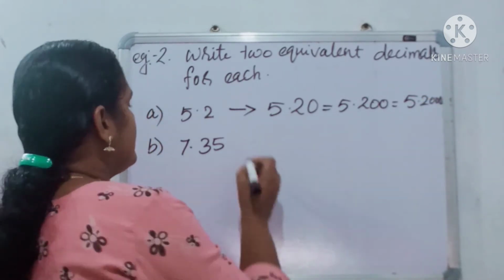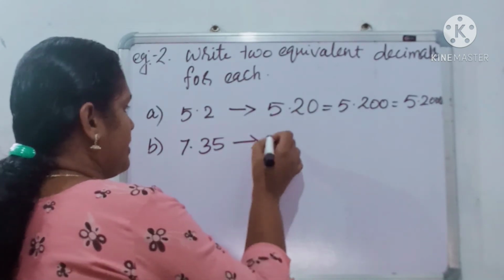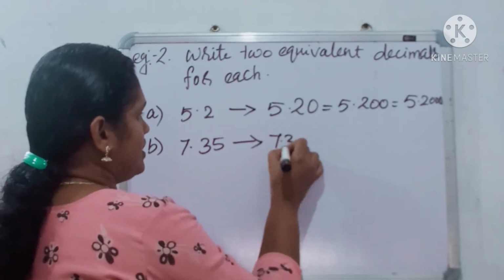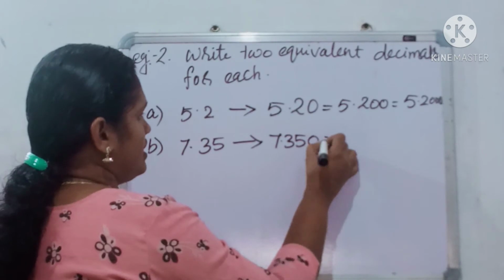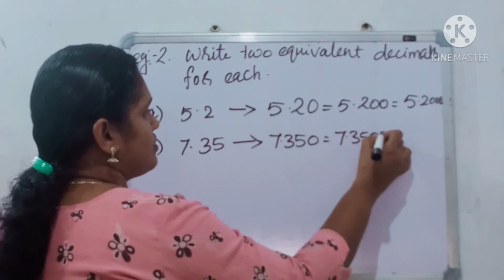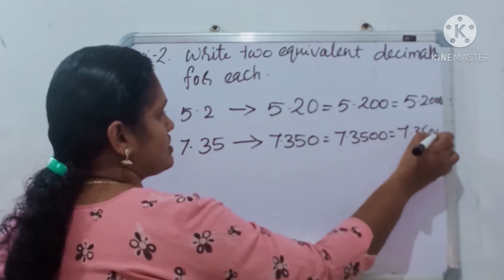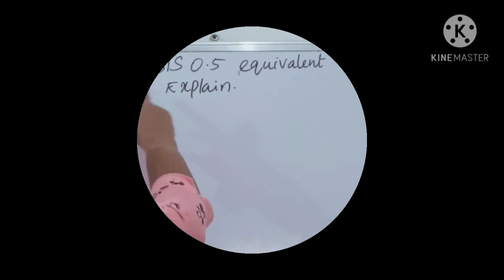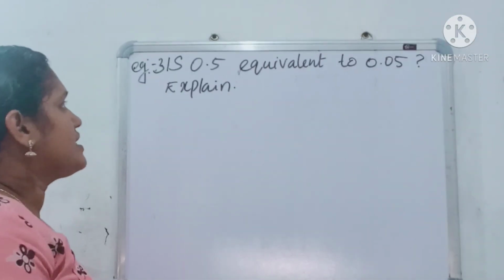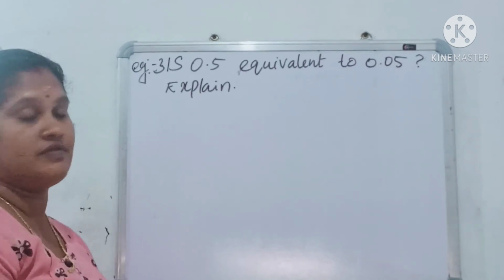Okay. Then the equivalent decimal of 7.35: 7.350 equals 7.3500.